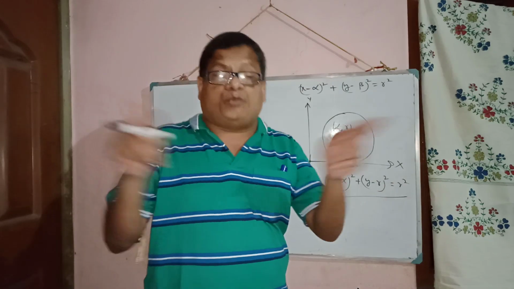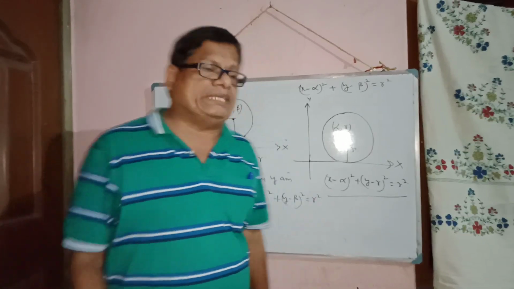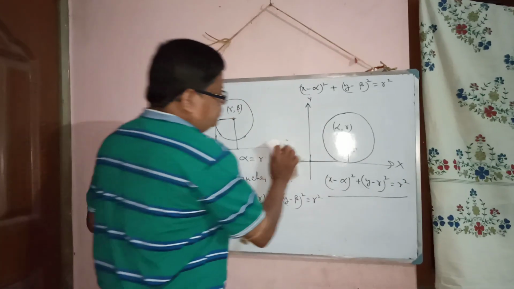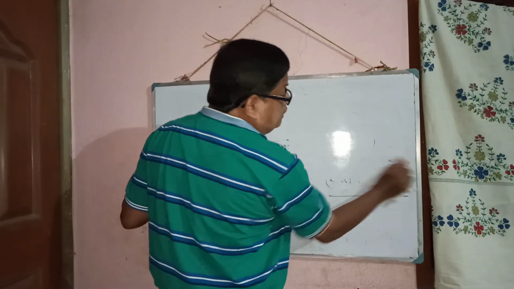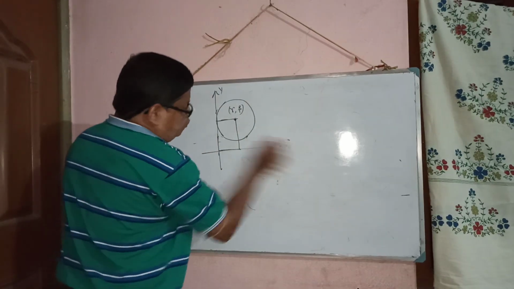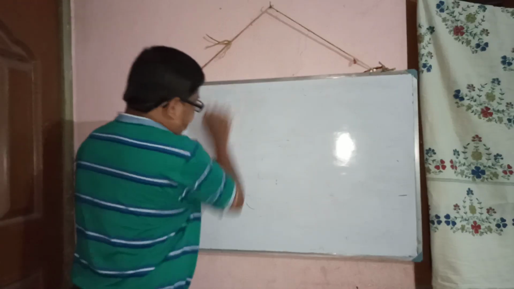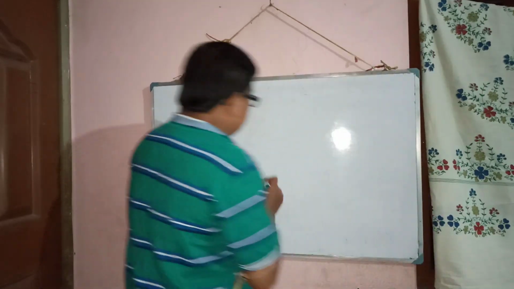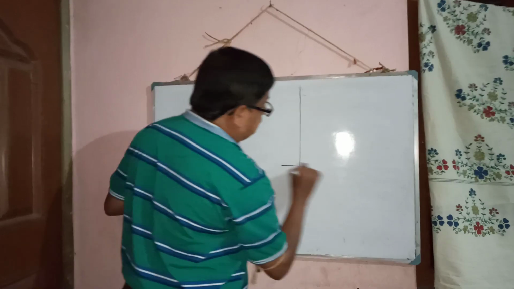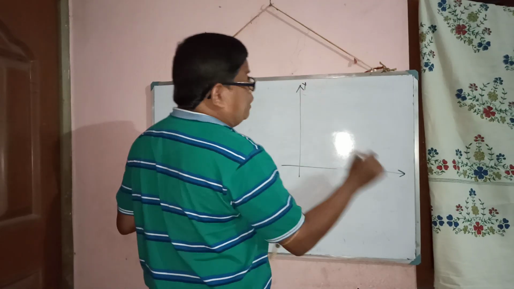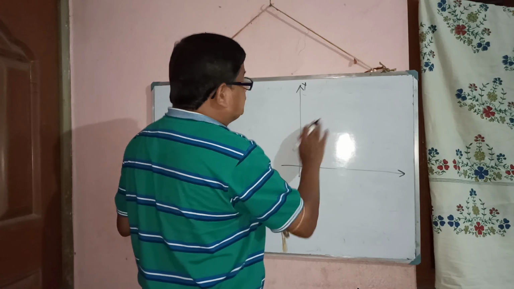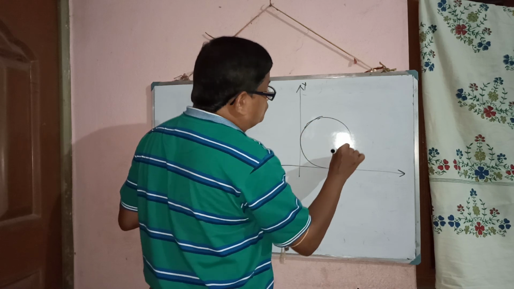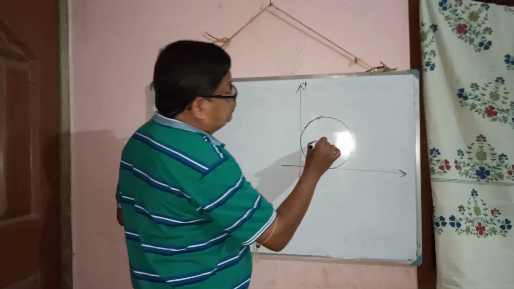If the circle touches both the axes, then alpha equal to beta equal to r. See, this is the y-axis, this is the x-axis, so it touches both the axes. So this is the center.